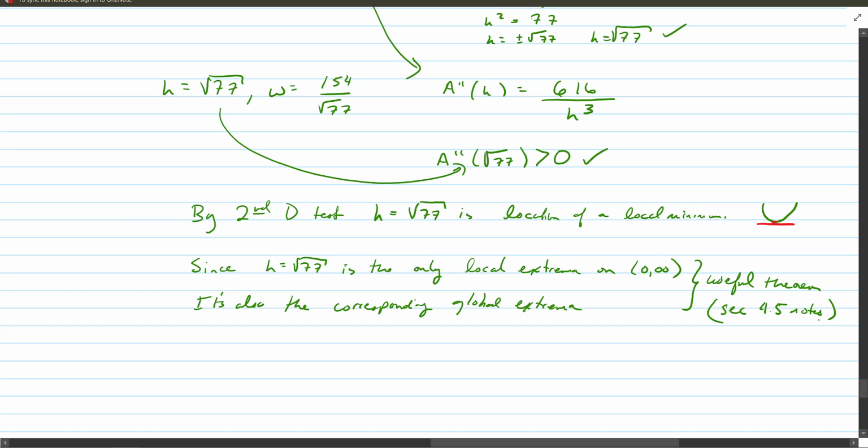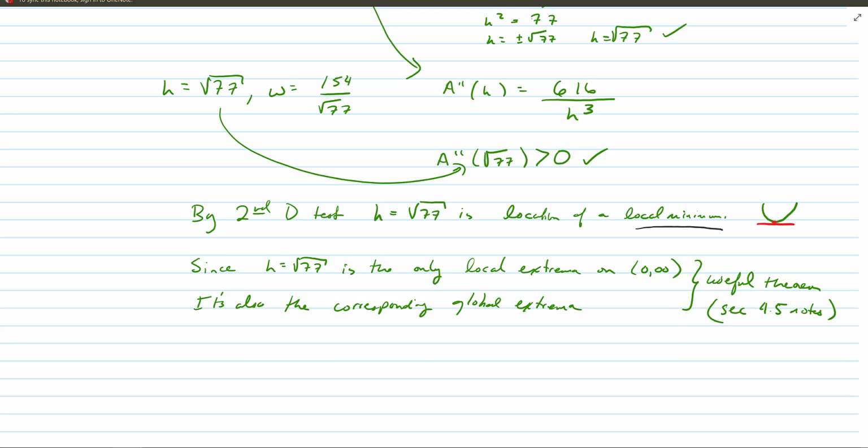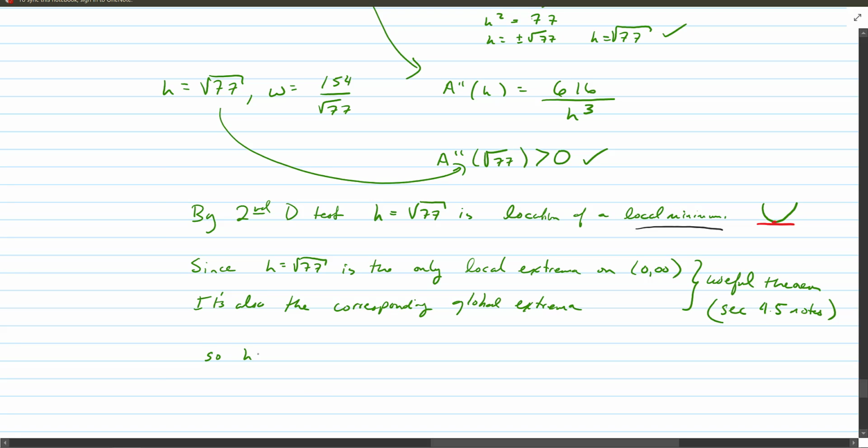Okay? So remember that the second derivative test only tells us that we've actually found a local minimum. But this useful theorem says if we only have one local extrema on an interval, then it must be its corresponding global extrema. So h equals the square root of 77 is the global min of A on the interval from 0 to infinity.